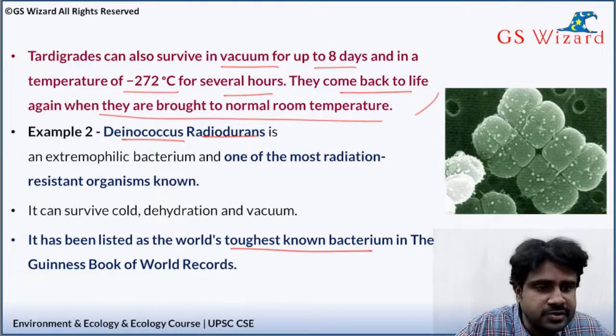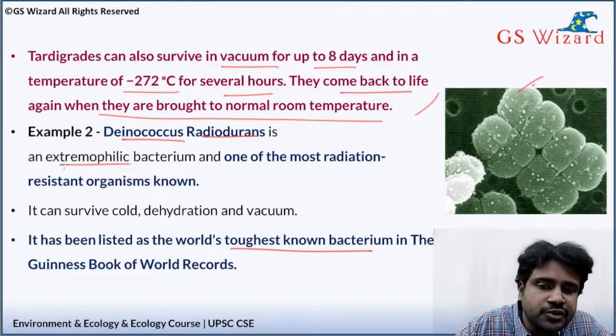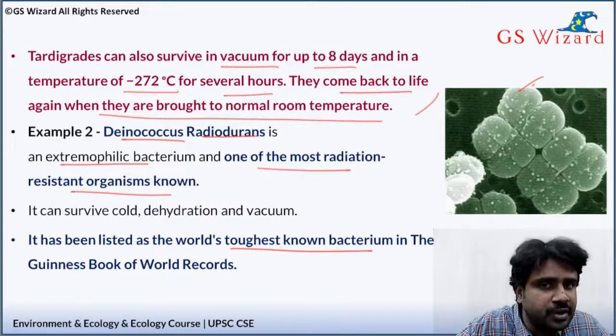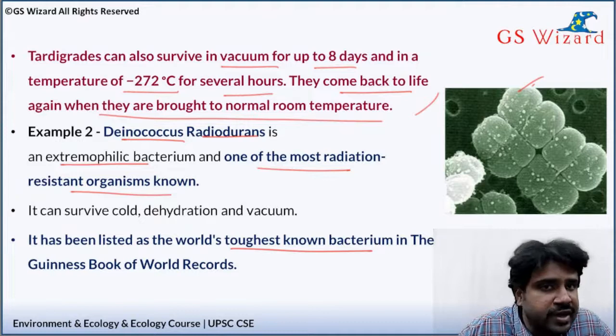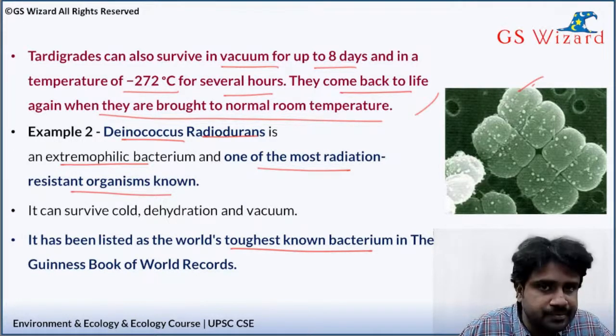So look at these points. Deinococcus radiodurans. This is the microscopic image of this bacteria. It is an extremophilic bacteria. It is one of the most radiation resistant organisms known. Nuclear radiation is highly dangerous. Do you know why? Because nuclear radiation will cause damage to DNA, and that causes mutation in genes, and that will lead to cancer.